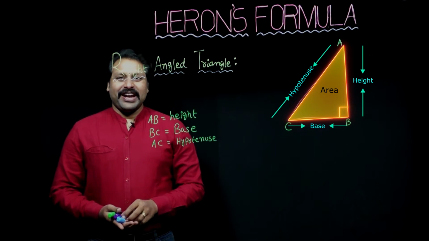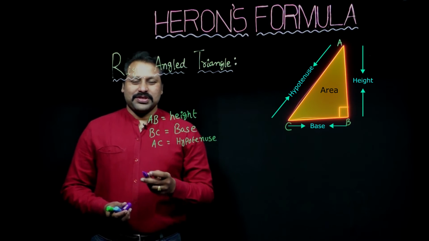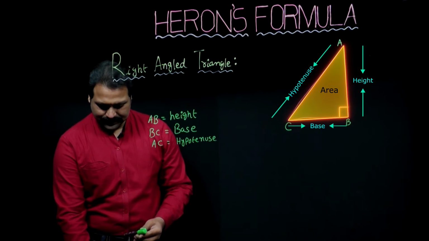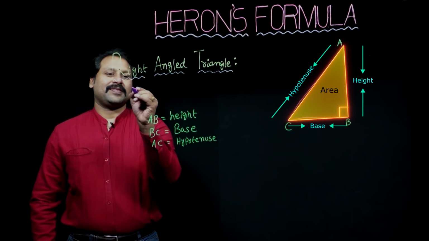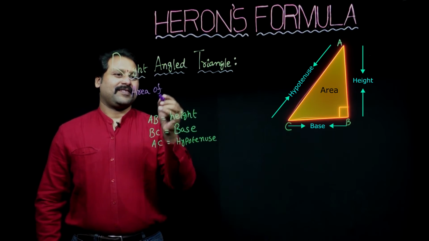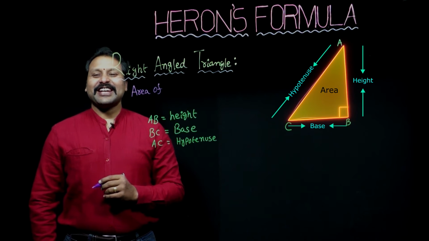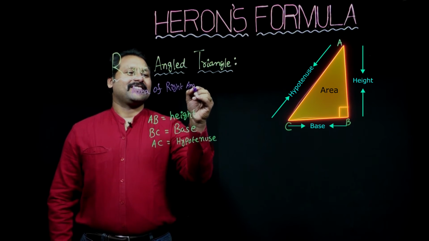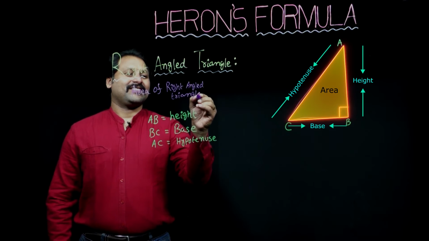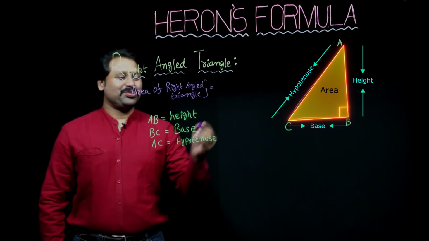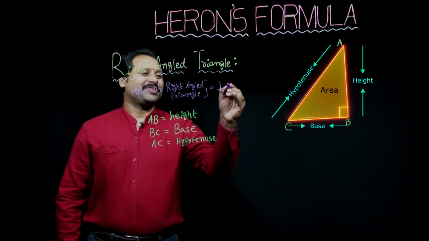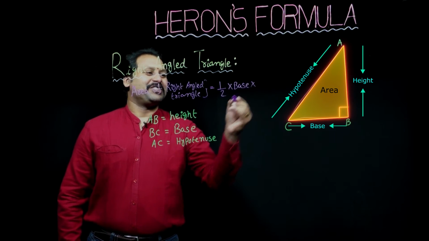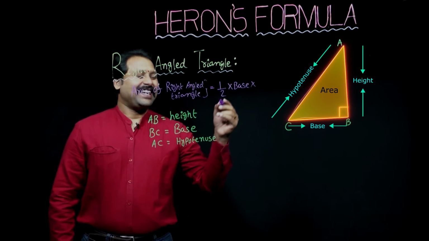Now, we can find the area by using: area of right angle triangle equals one by 2 into base BC into height AB.